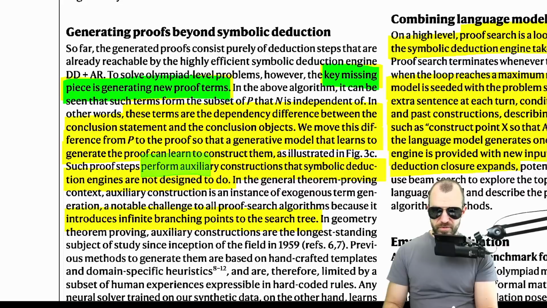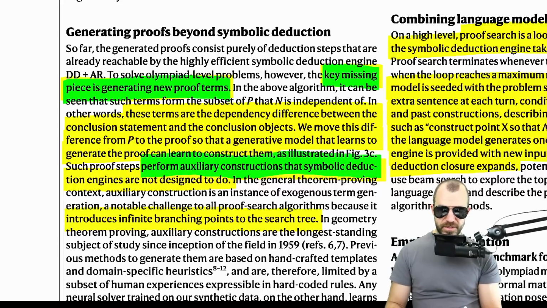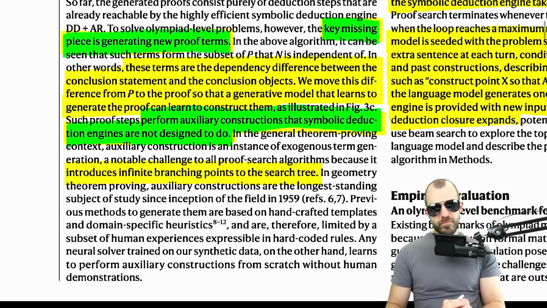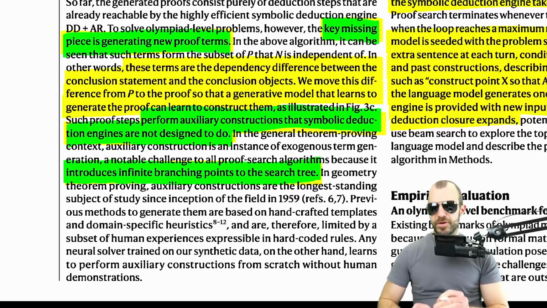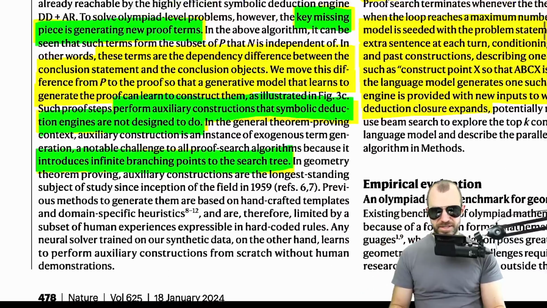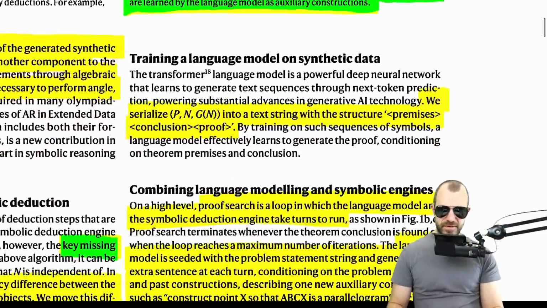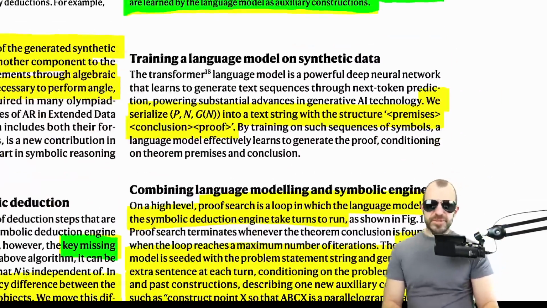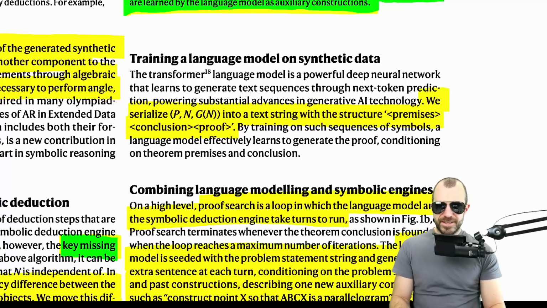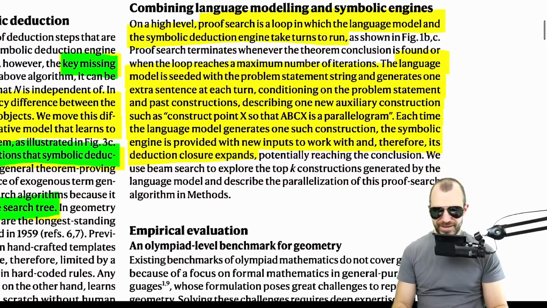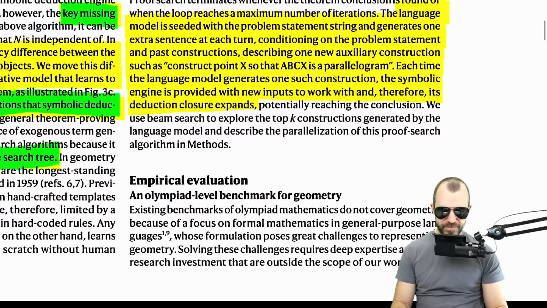The proofs perform auxiliary constructions that symbolic deduction engines are not designed to do, and if you make them consider them, that introduces infinite branching points to the search tree. So even in the first step, you have infinitely many things to consider. Not just many, but infinitely many, because constructing new things is a wide open domain.